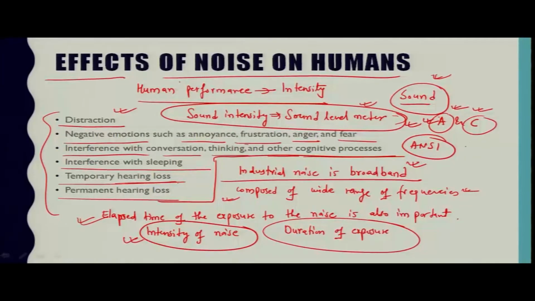The decibel unit for the A scale is dBA, and the C scale is intended to weight all frequencies the same.